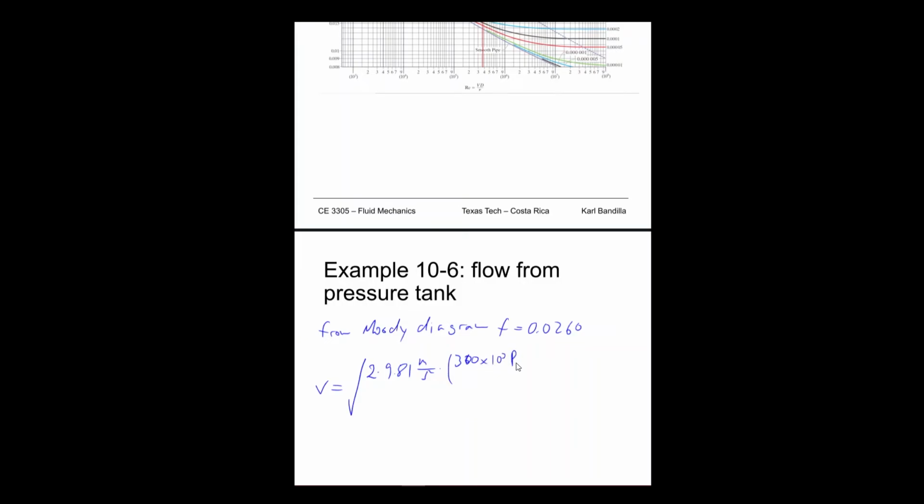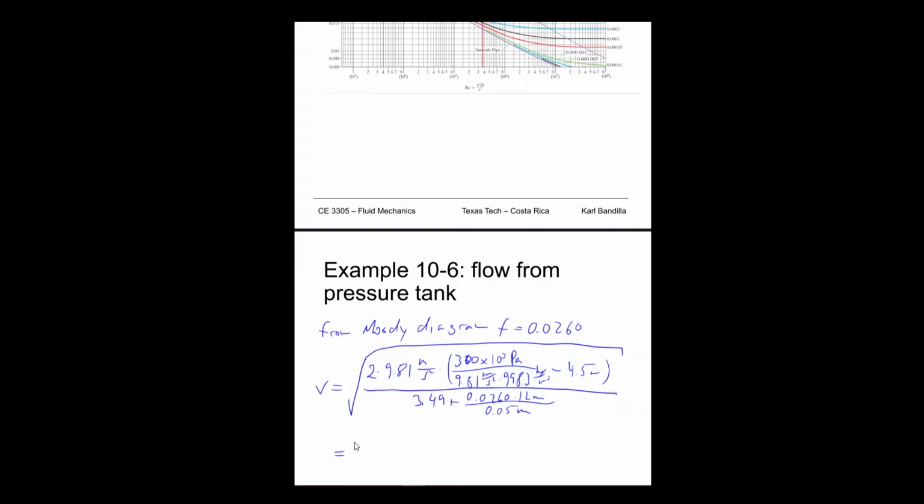10 to the 3 pascals divided by 9.81 meters per second squared times 998.3 kilograms per meter cubed, minus 4.5 meters, divided by 3.49, plus now our new f, 0.0260 times 12 meters divided by our diameter, 0.05 meters.